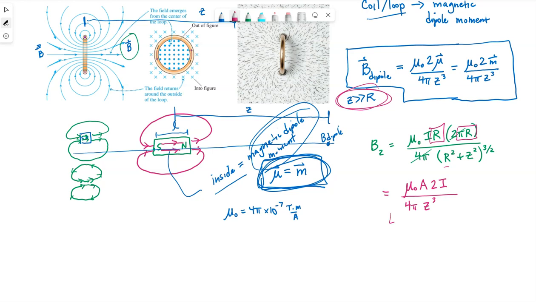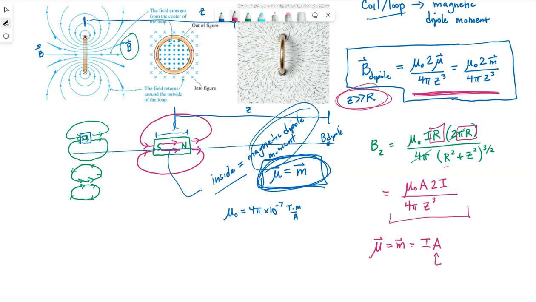If I compare this to what we just said is the field for a dipole, I find that the dipole moment, mu, or lowercase m, whichever way you want to write it, is equal to I times A. The current times the area of the loop.